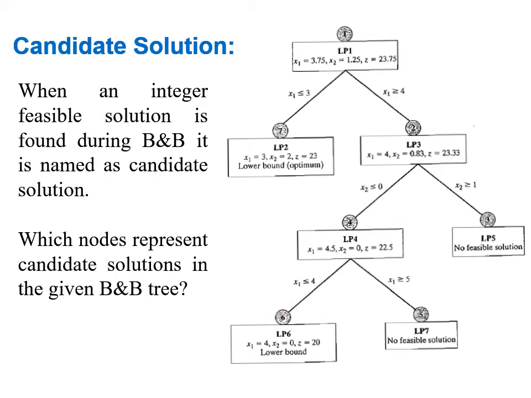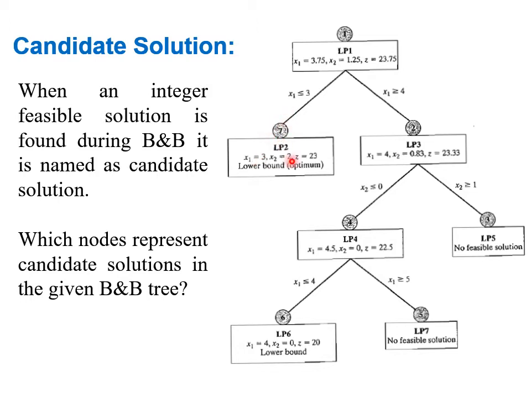Node 6 is fathomed, and when we look at the solution here, it's integer feasible. So this is a candidate solution, and since this example is a maximization problem, this objective function value here provides us a lower bound.